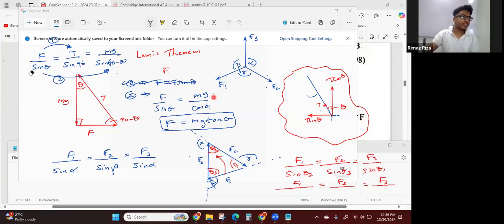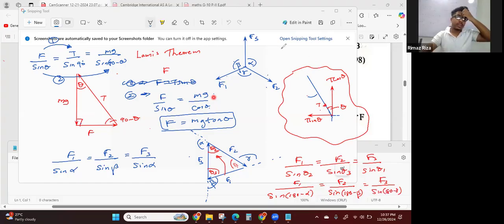Sorry, straight line, 180 minus: theta 2 is 180 minus alpha, theta 3 is 180 minus beta, and this is sine 180 minus gamma.